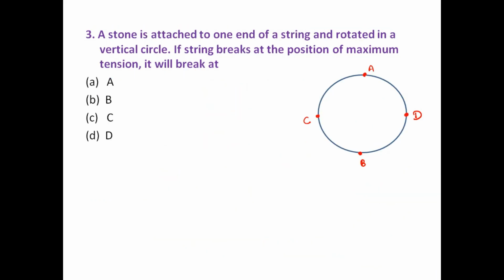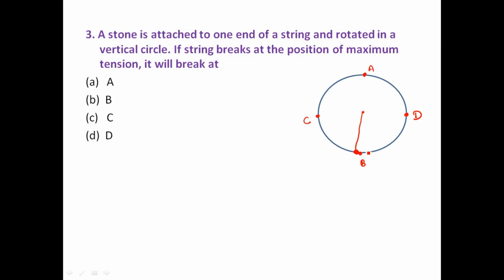A stone is attached to one end of a string and is rotated in a vertical circle. If the string breaks at the position of maximum tension, it will break at. Let us mark this as the center of the circle, and the stone is being rotated in a vertical circle.